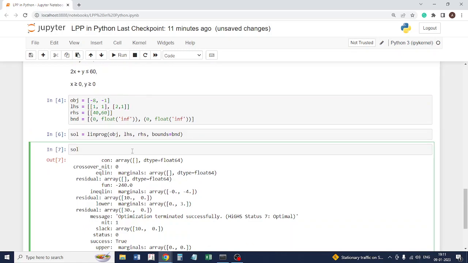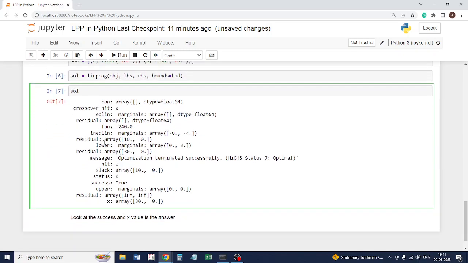Once you solve it, you will get this kind of output. The important thing that you have to look for is success. There are some optimization problems where there is no solution. There you will get success equal to false, even after multiple retries. When success is false, there's no point in looking at the output.